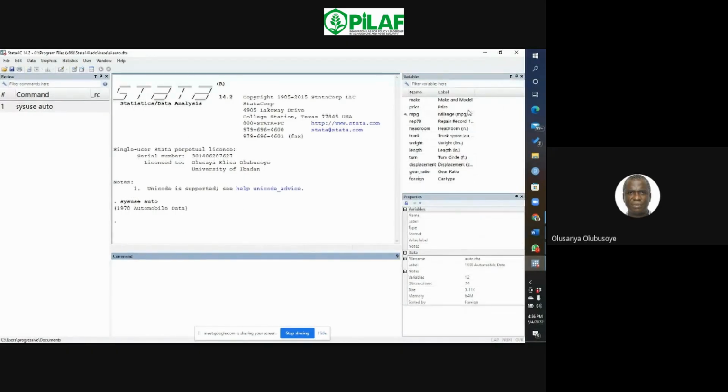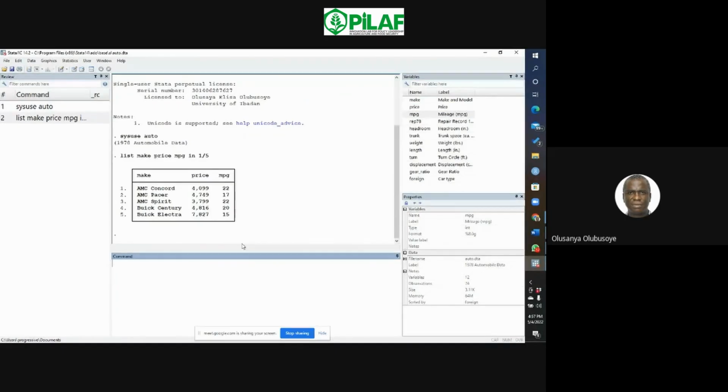We can now look at how to test for normality, for instance, in the mileage. Of course, we can't test for normality in the make. Let's say, so that you can see some of this data, I'm interested in just this. This is the first 5 observations for the first 3 variables: make, price, MPG.